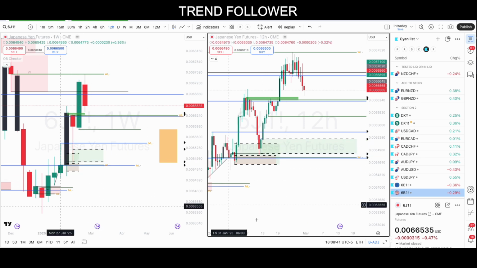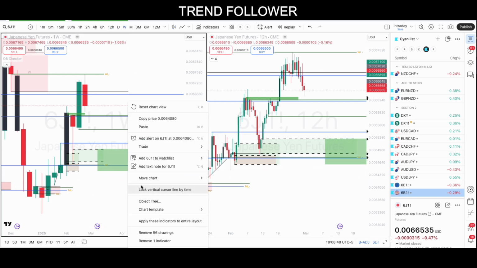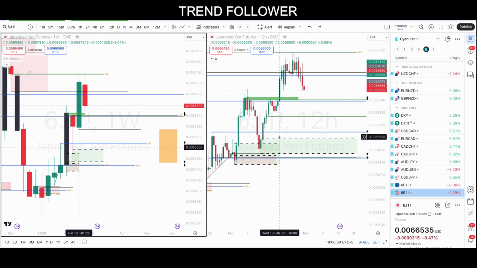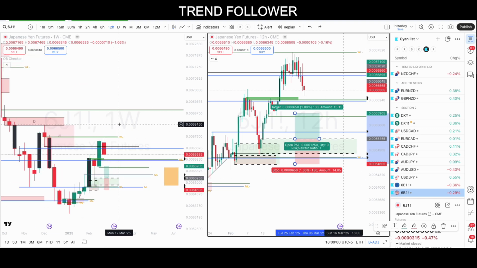So set an alert in this area. Why? Because you have this 12-hour level on top of a level. Once you test this right here, you are going to go through this most probably, right?